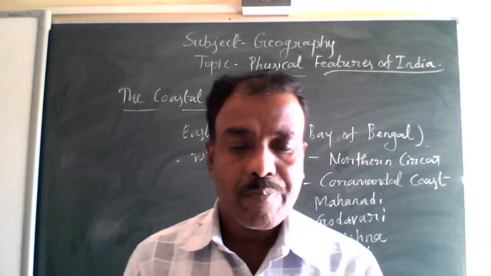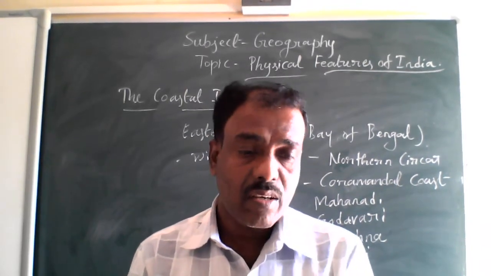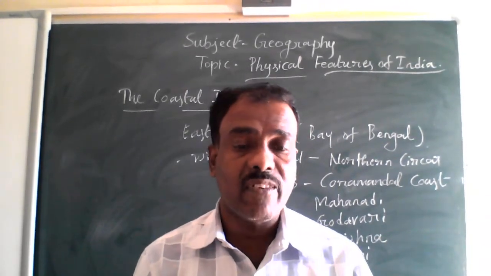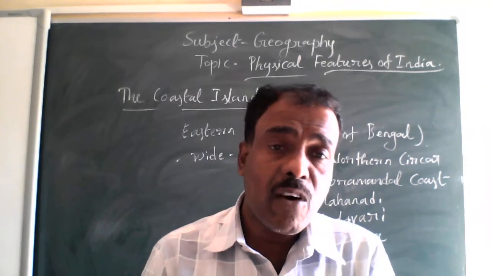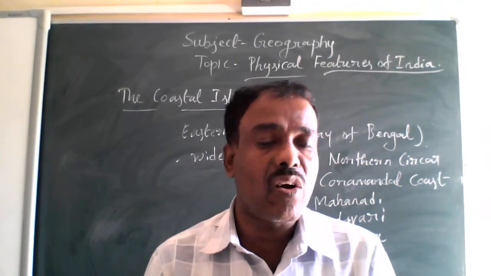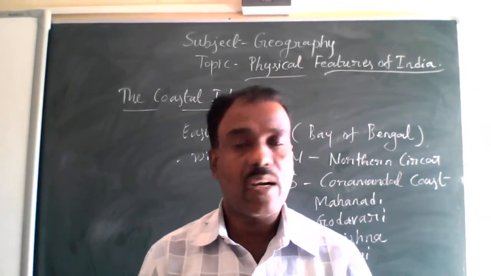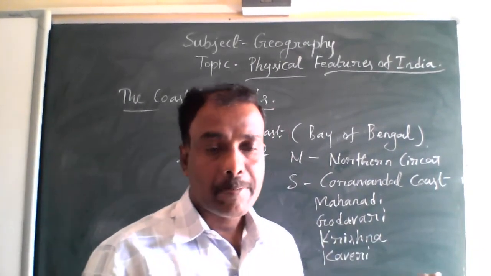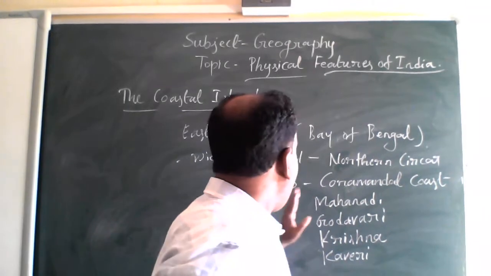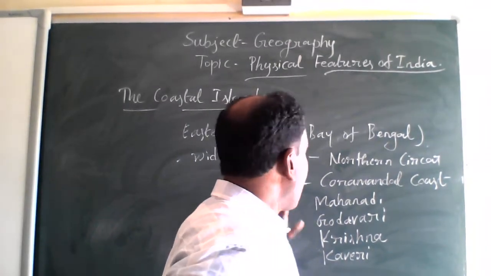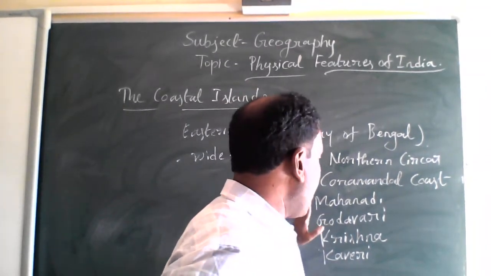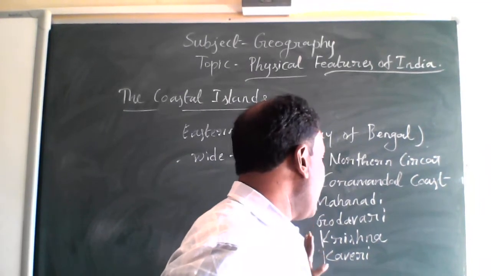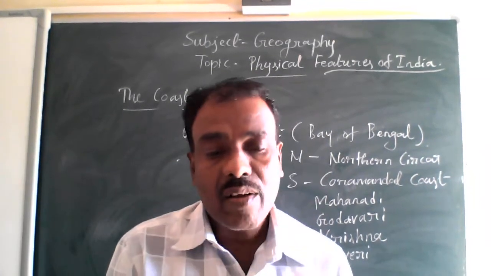These are some of the important large rivers which have formed extensive deltas on this coast. Understood now? So these rivers have formed extensive deltas on this eastern coast.